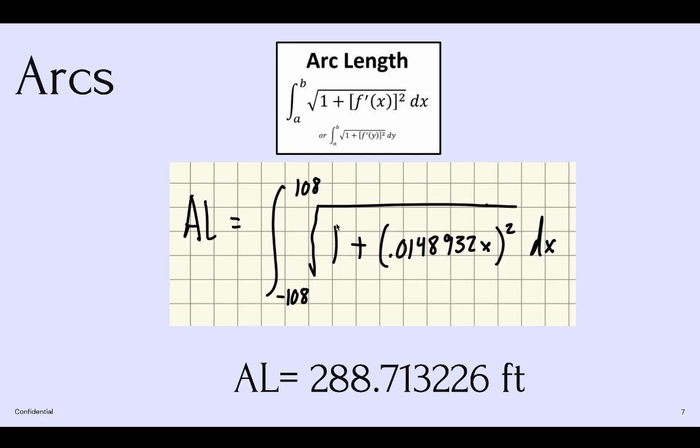So we plug in what we already know. We plug in the derivative, and we plug in our b and our a. And we find that one arc length is 288.713226 feet.